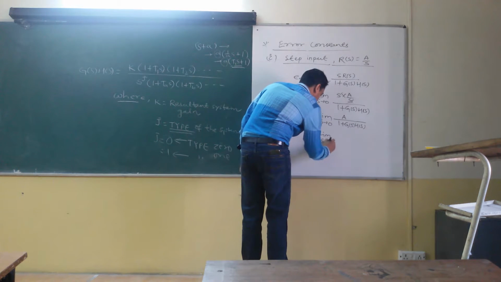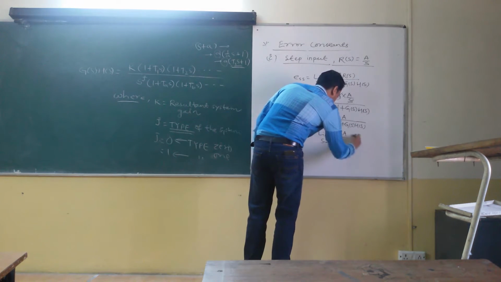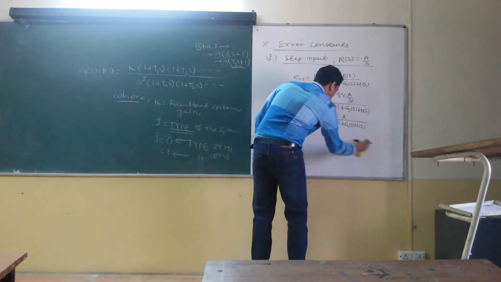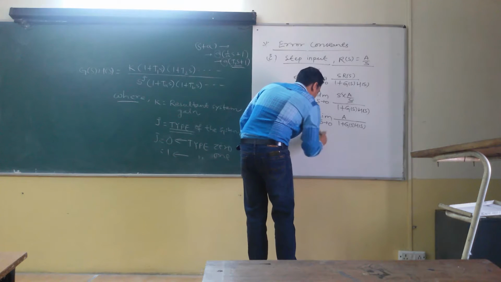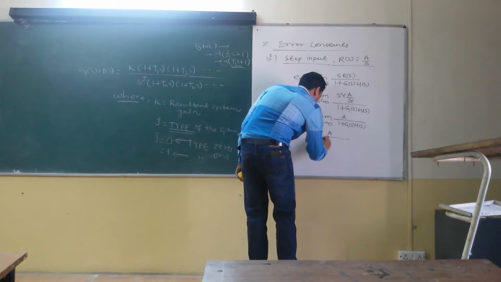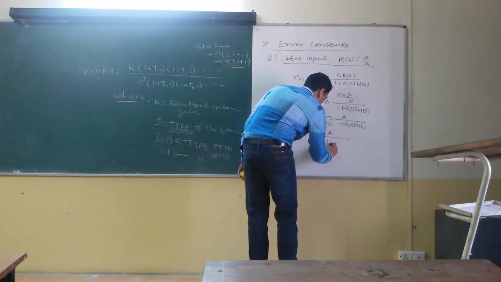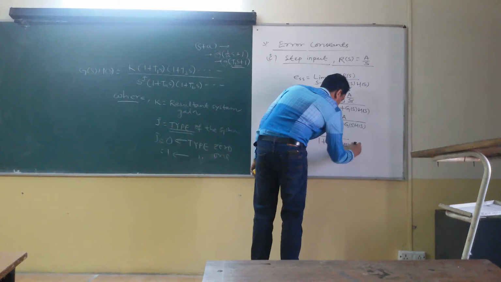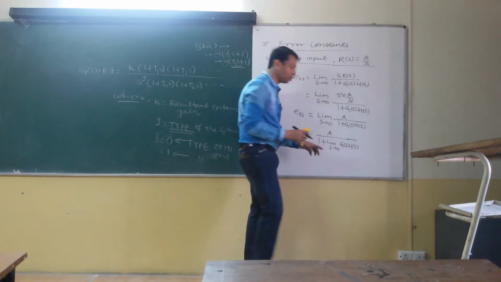This will be equal to A upon 1 plus limit s tends to 0 G(s)H(s). Whether it is correct or not?